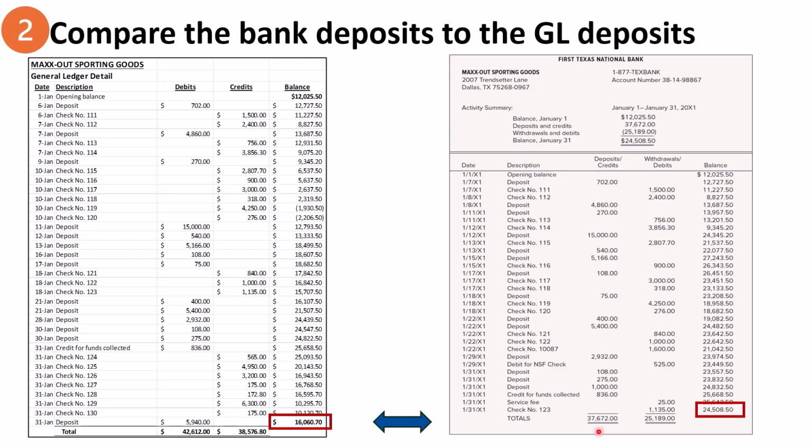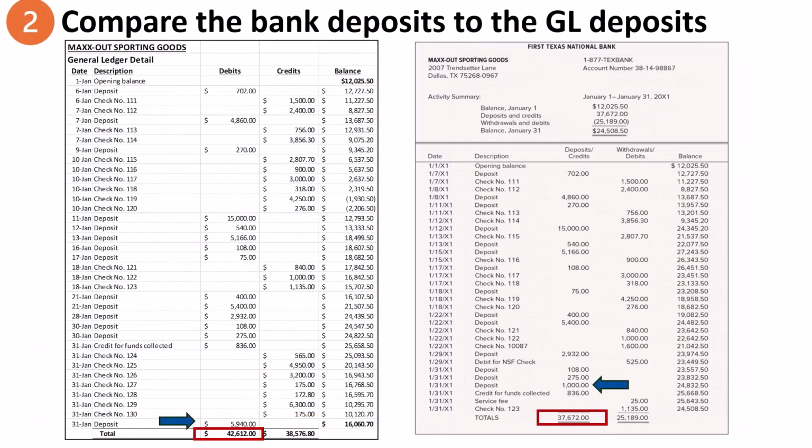However, the general ledger still shows only $42,612 in deposits. That means there is still a difference of $1,000 that we need to investigate. As we will see, identifying and explaining these remaining differences is the heart of the bank reconciliation process.